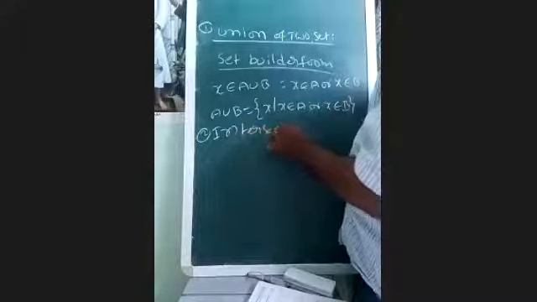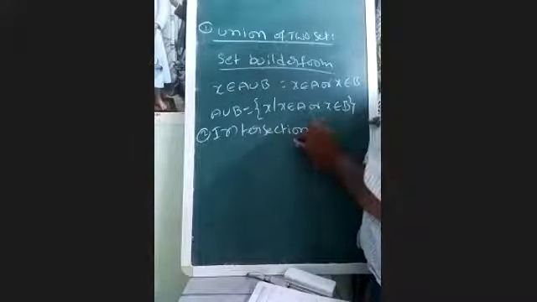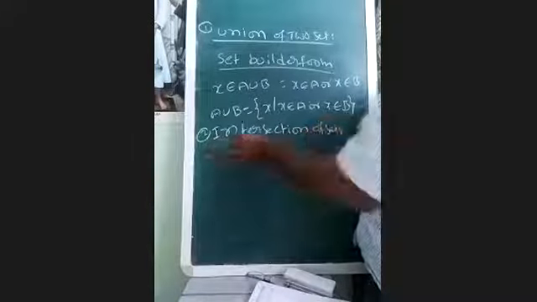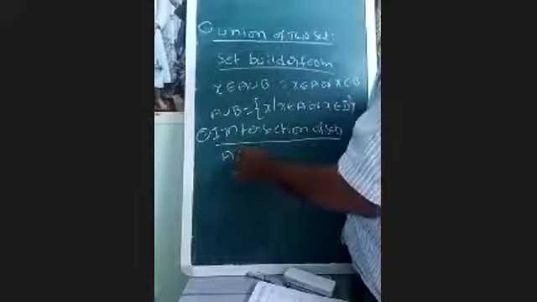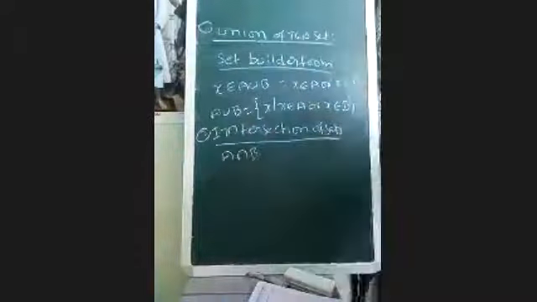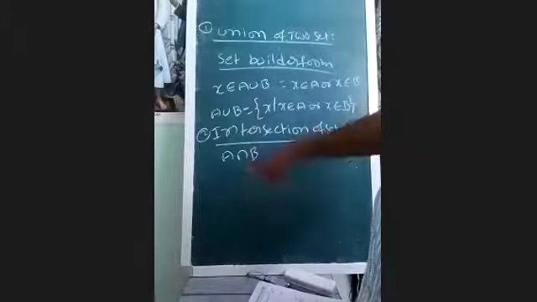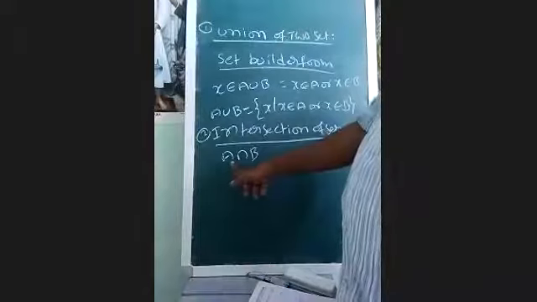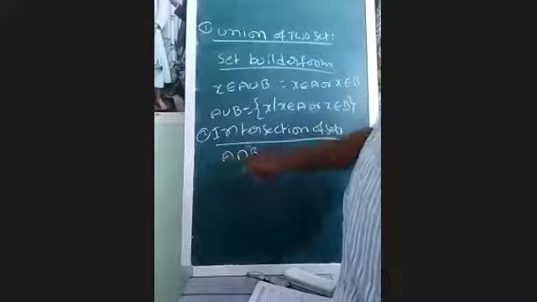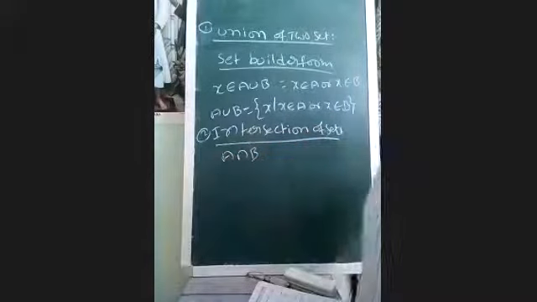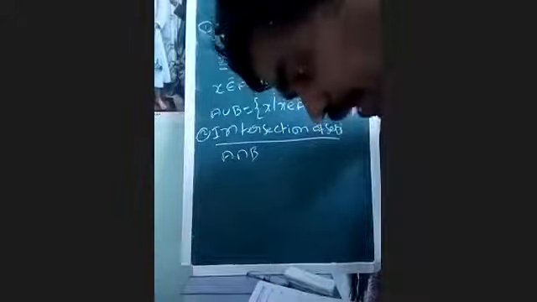Intersection of sets. It is denoted by A intersection B. The set of all elements belongs to both A and B.